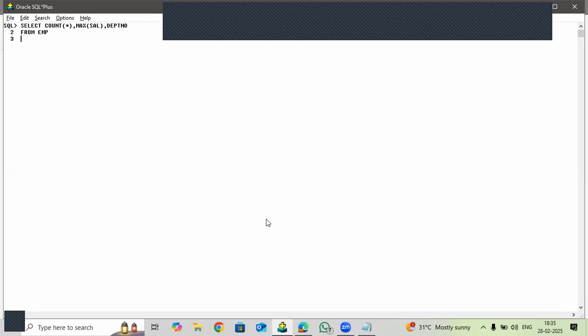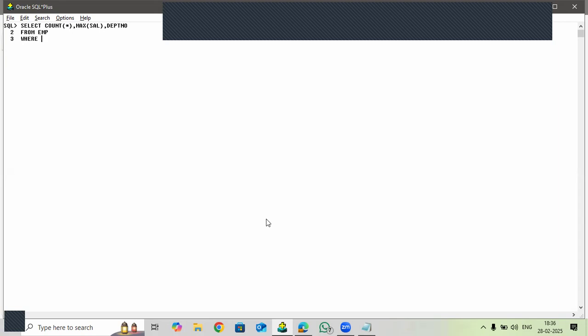Should I use group by or where? Any answer? Should I use group by clause or where clause? Where clause, sir? How? Where salary is greater than or equal to 3,000.